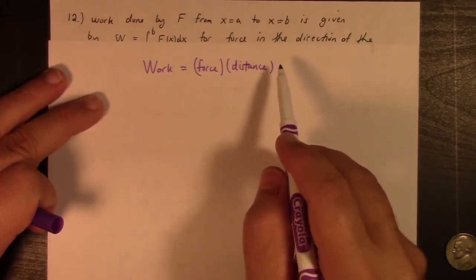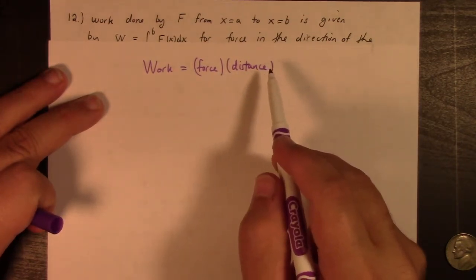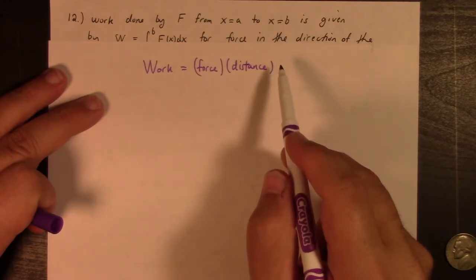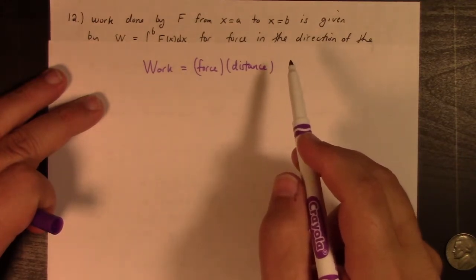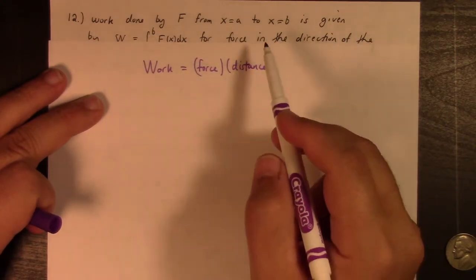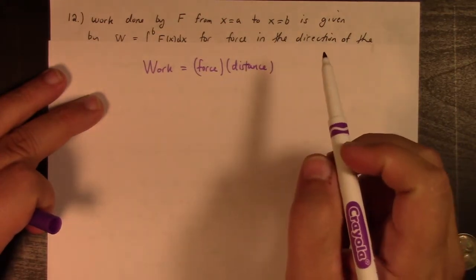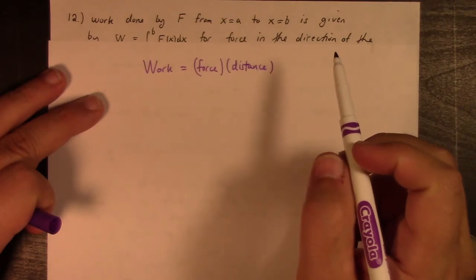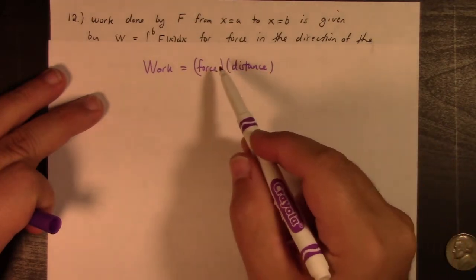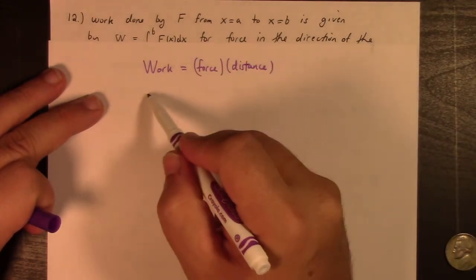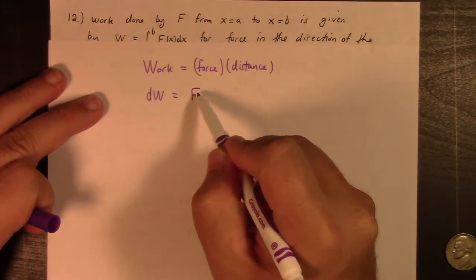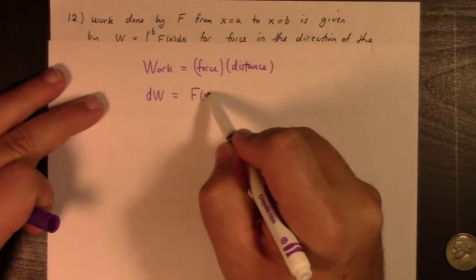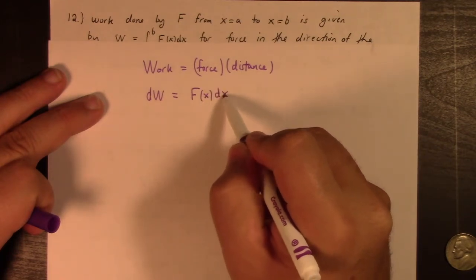Thinking about the force being applied in a different direction than the displacement requires the technique of vector analysis. We'll talk about that in Calculus 3, perhaps. Now here, if the force is variable, though, we can think about the little bit of work being done by a force at x, a displacement, a little dx here.